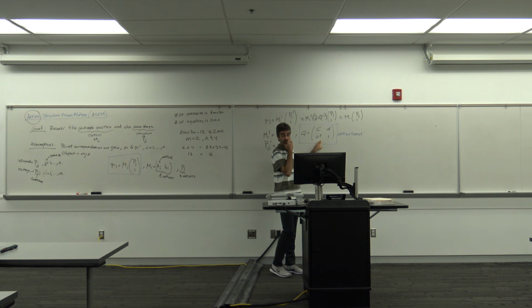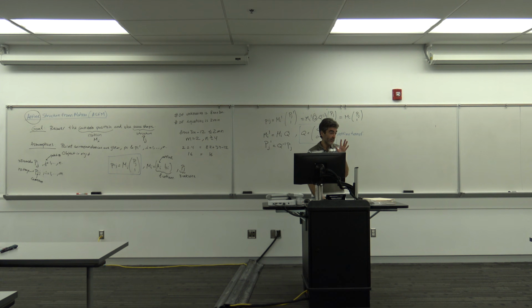What's the Euclidean solution? Spoiler alert. The Euclidean solution is when this C is equal to the rotation matrix, right? And this is the translation vector. So there will be a point at which we want this Q to actually define the Euclidean transformation. And the Euclidean transformation is a particular case of the affine transformation.